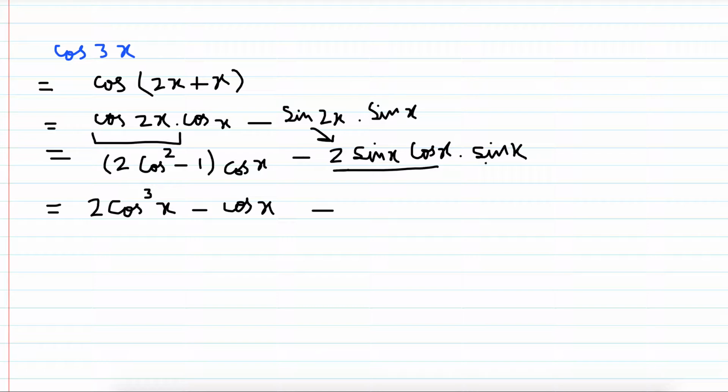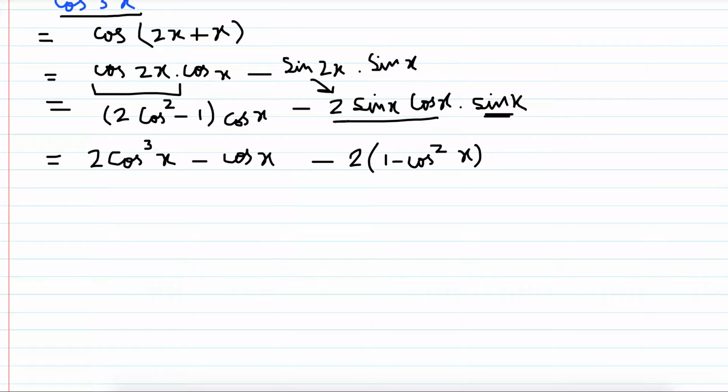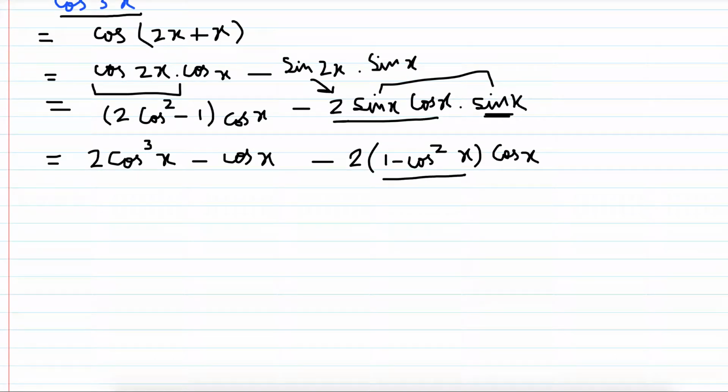So this sin x and this sin x becomes sin square x. In place of sin square x I will write 1 minus cos square x because we want to get rid of sine terms. So we expressed sine 3x in terms of just sine x, and cos 3x we will write in terms of cos x.